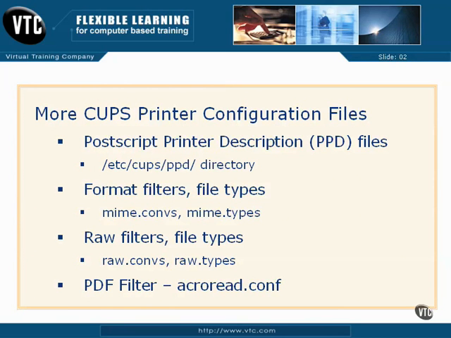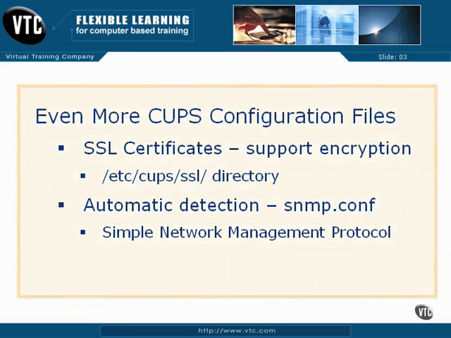If you print out PDF files, say from KPDF or Adobe Acrobat Reader, those files are processed through the acroread.conf configuration file. SSL certificates, those which support encryption, are stored in the /etc/cups/ssl directory.